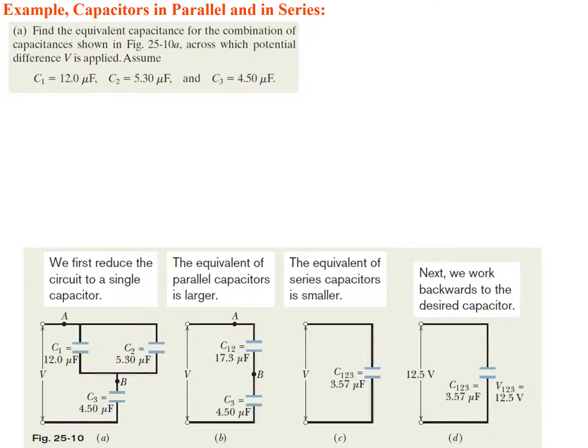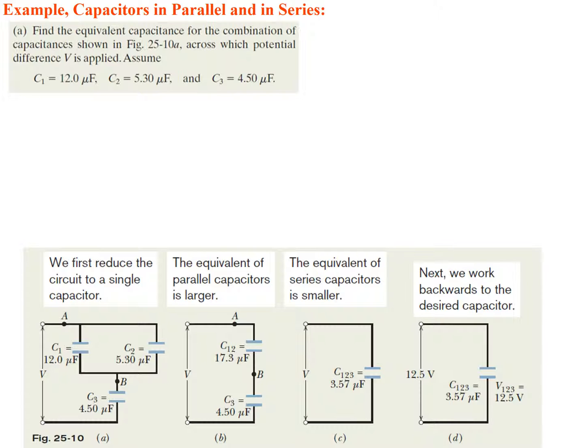So we're looking at capacitors in parallel and in series at the same time for this one. It's asking us to find the equivalent capacitance for the combination of capacitances shown in the figure across which potential difference V is applied. All right, so assume, and they give us what the capacitances are.